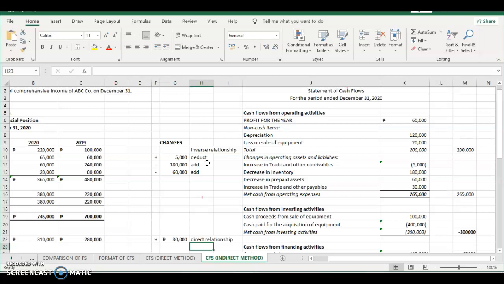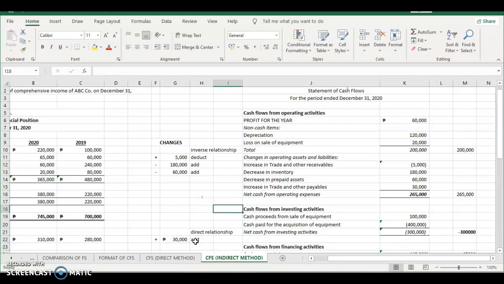Kasi 'di ba pag nadagdagan ka ng payable, ibig sabihin probably nagkaroon ka ng utang or umutang ka, nagkaroon ka ng cash. Dadami yung cash mo, so nag-increase siya. So i-add natin sa cash. So kung increase din dito, class, i-add din natin sa statement of cash flow, add.